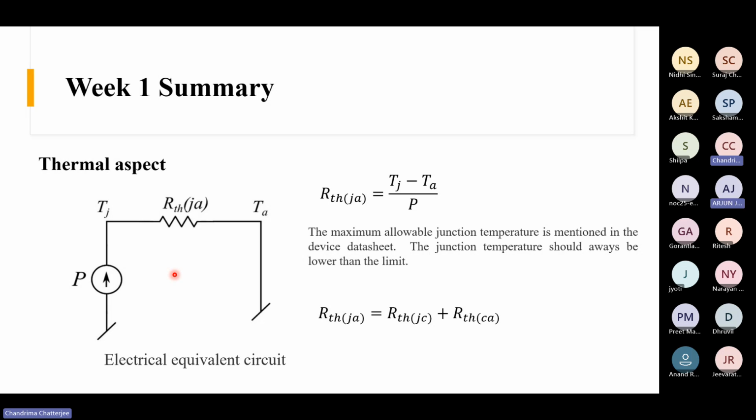There he has explained how to select a heat sink and what is its importance. Now actually I need to show you the problems. If I get time, I will show you at the end of this session. Otherwise, you can always see the lecture. There he has explained very clearly how to select a heat sink from this value.